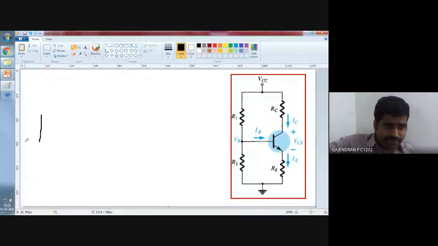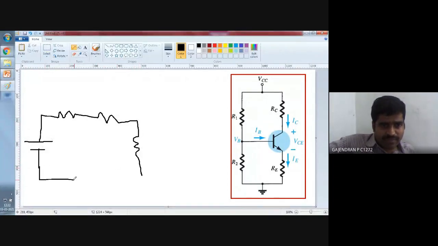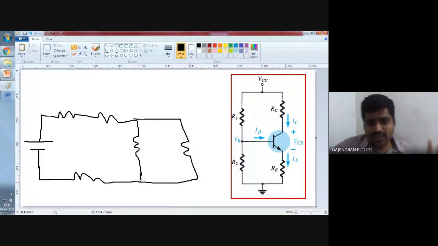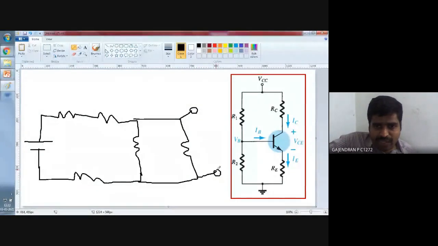Suppose there is some circuit like this. What will Thevenin help us with? I have these many components in my hand, but across these two terminals I am going to connect some load, an LED, speaker, relay, or any system. So this is my load.